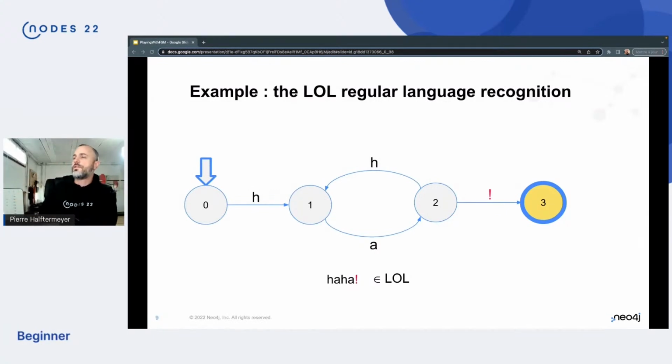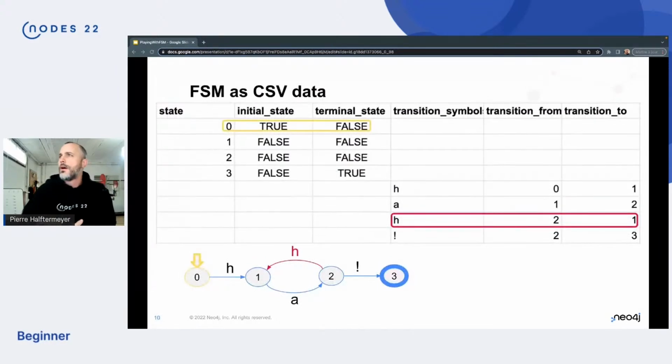And this is the first use case of automata. I need to put those automata in my database because we are working with Neo4j, it's a database, and I need to express them as data.